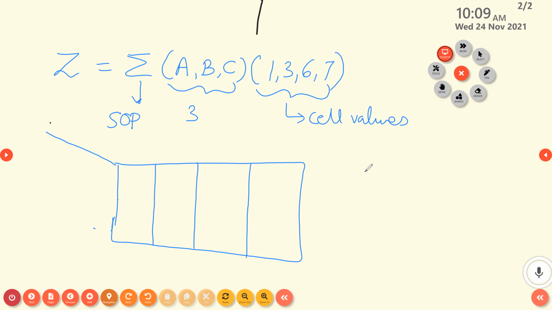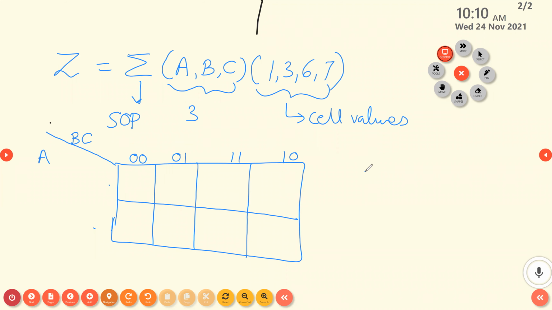So draw the K-map structure, the empty structure. Simultaneously, you have to note down in your notebook step by step. Draw the empty structure. Here I can put one variable A. Here I can put two variables B and C. Now I know how to write the headings of these rows as well as columns, right? So what should I write first? 00, then 01, then 11, then 10.